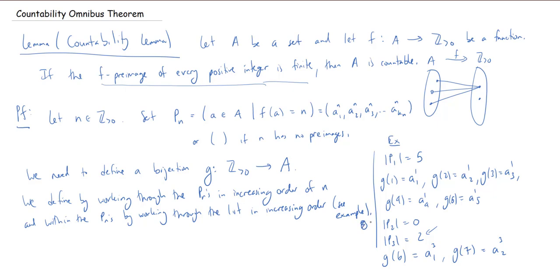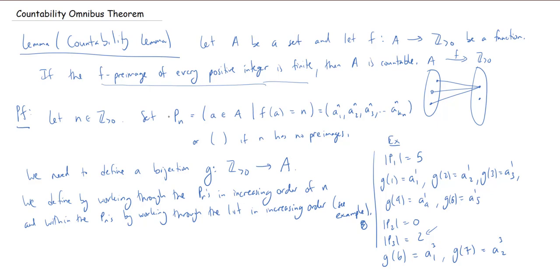So there you go. And, oh, by the way, why is it a bijection? Right. Well, first, does every element in A get hit? Well, sure. Every element in A gets mapped to some integer, so it's in some P sub n. Okay, so definitely it's going to show up at some point. So we have surjectivity. How about injectivity? Well, if I had 2 different G's going to the same number, well, how would that even happen, right?